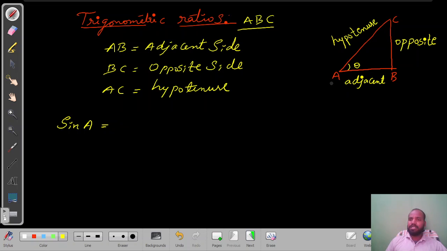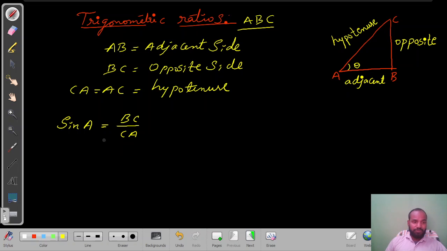Sine A is nothing but the opposite side by hypotenuse. What is your opposite side? That is BC. Your opposite side is BC by hypotenuse. What is the hypotenuse here? AC or CA, both are the same, no issue with that.